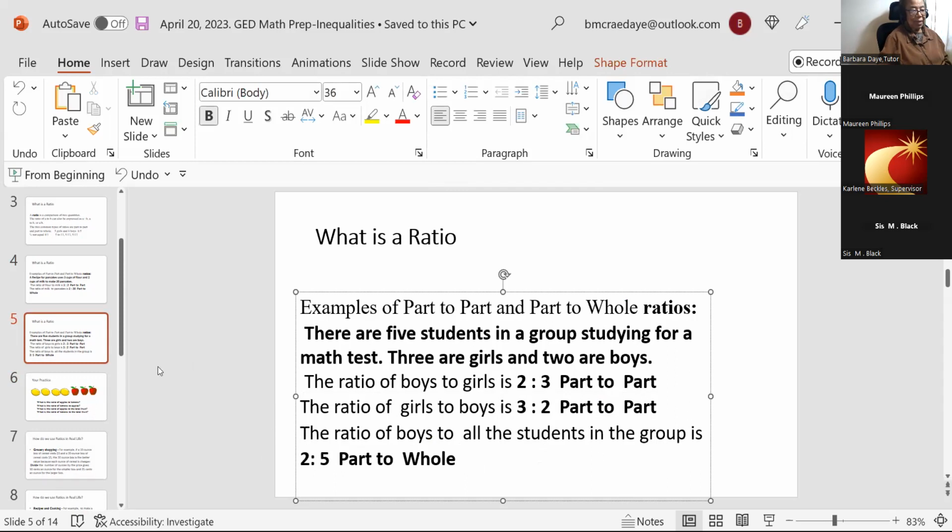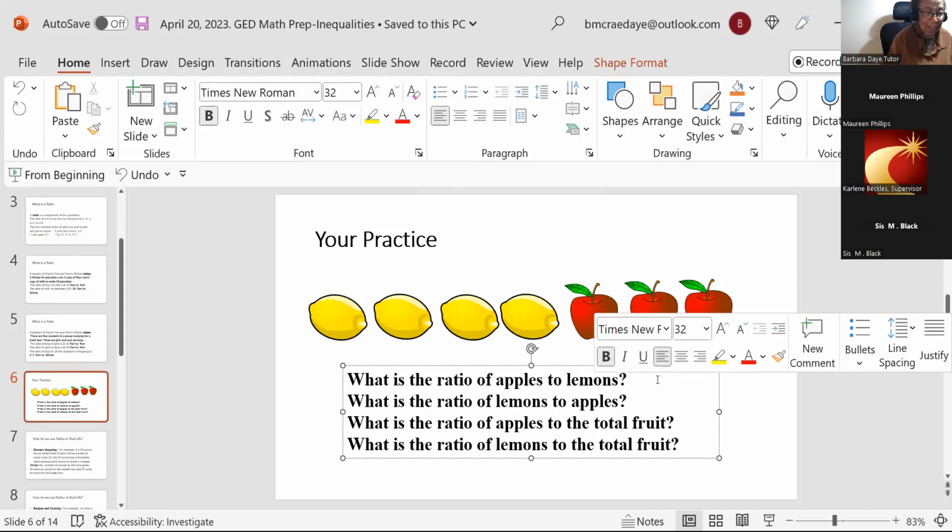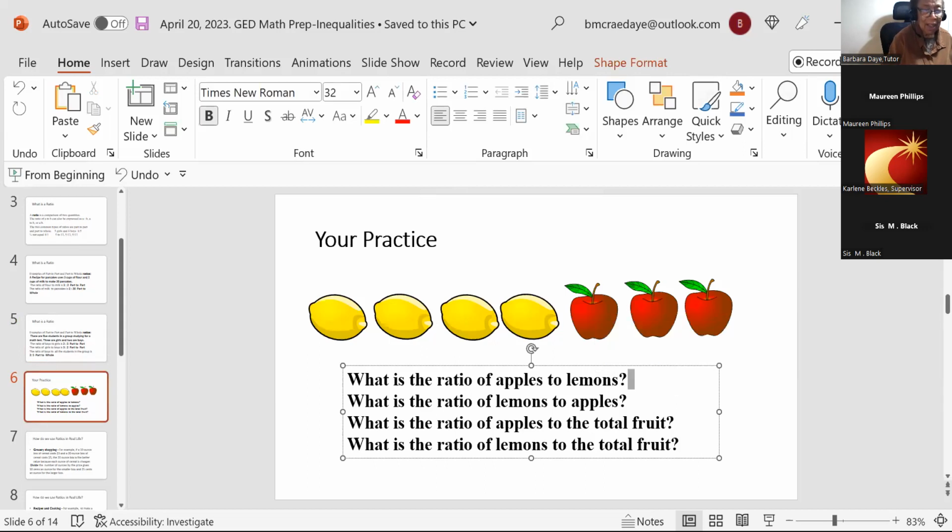All right, let's look at a little picture here. What's the ratio of apples to lemons, Mercedes? Ratio for apple to lemon is 3 to 4. So let's put 3 colon 4. Maureen, what's the ratio of lemons to apples? 4 to 3. So 4:3.